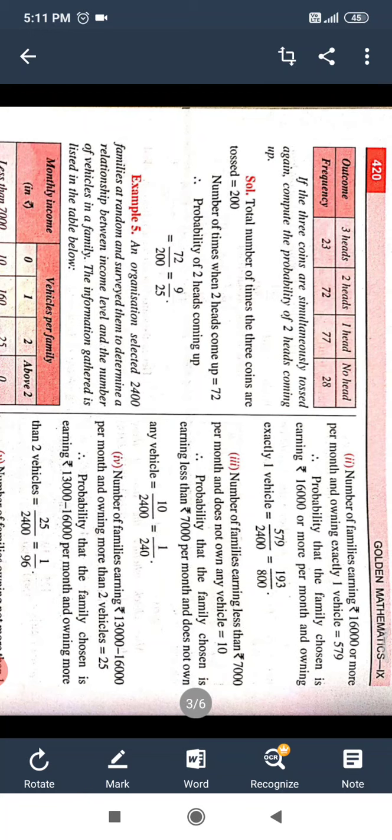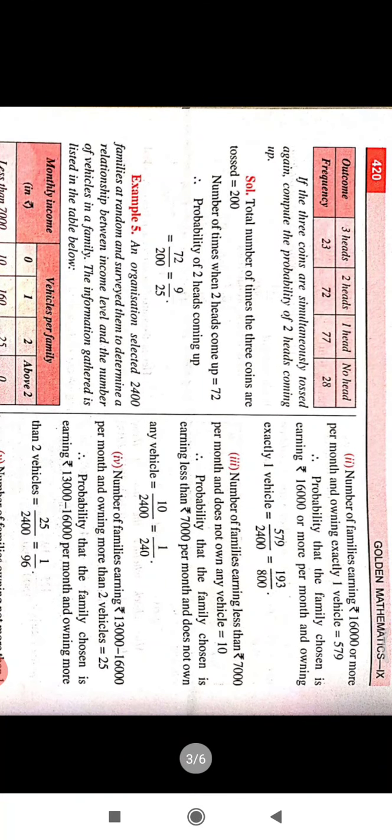Therefore the probability of 2 heads coming up, we can take as P(A). Okay, and write the formula first: number of trials that occur upon total number of trials. Then 72 upon 200.